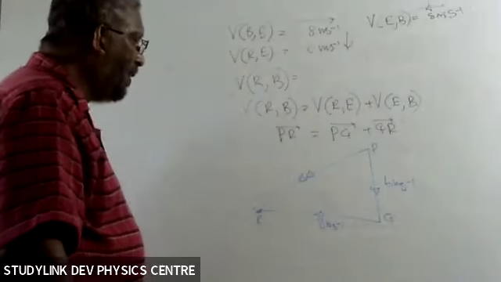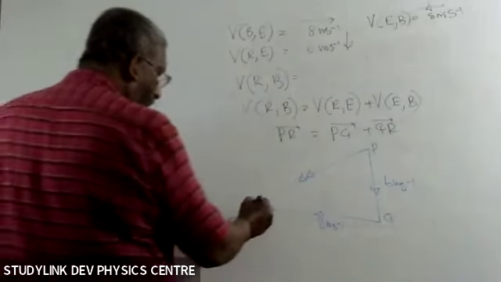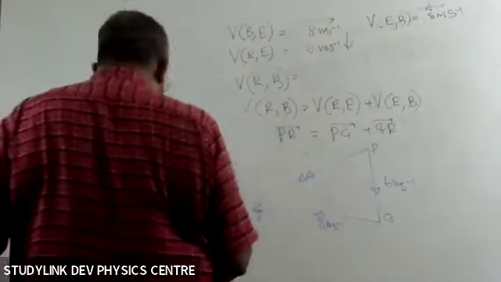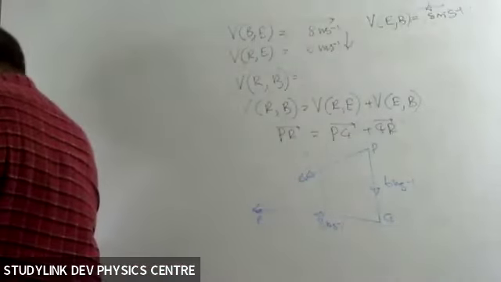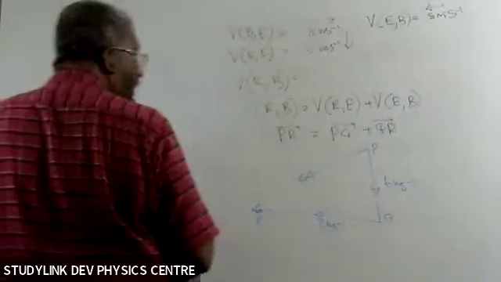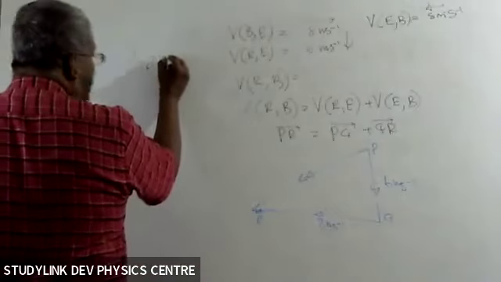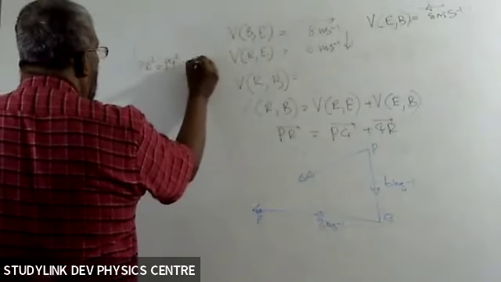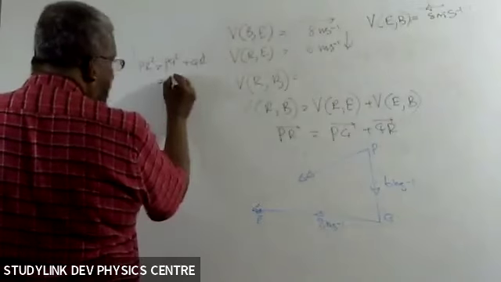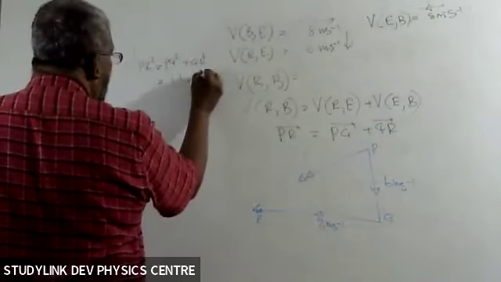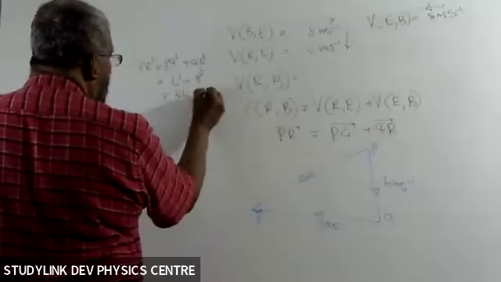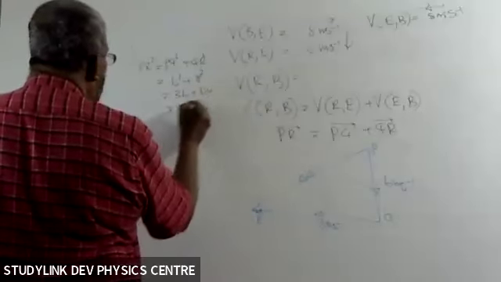Now, we have to find PR square. To find PR square, use Pythagoras. PR squared is equal to PQ squared plus QR squared. PQ is 6 squared plus 8 squared, 36 plus 64, altogether 100.